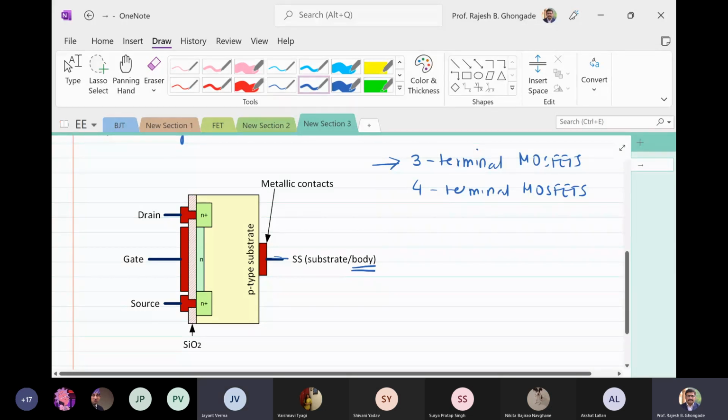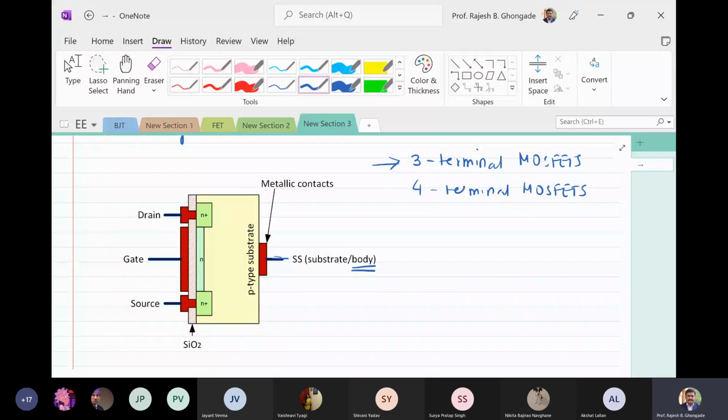Yes, sir. Those are called the discrete devices, as opposed to the ones which are integrated on an integrated circuit. So you have a monolithic structure where so many different transistors, so many different components are manufactured on the same silicon wafer. Okay, that is the reason why we have two different types of devices, one is called a discrete device and the other one is called an integrated device.